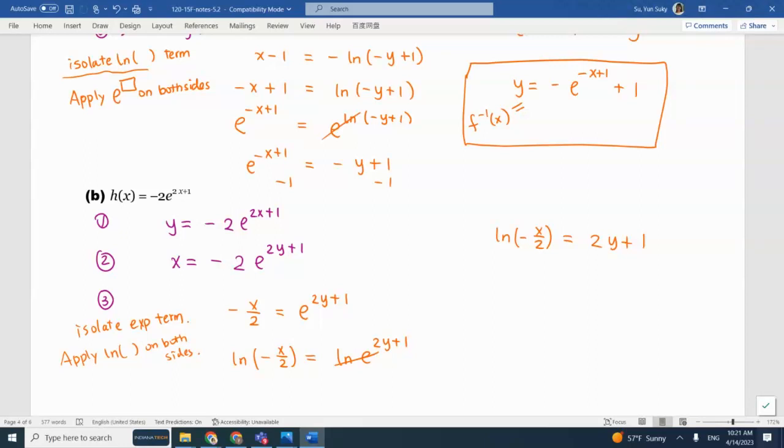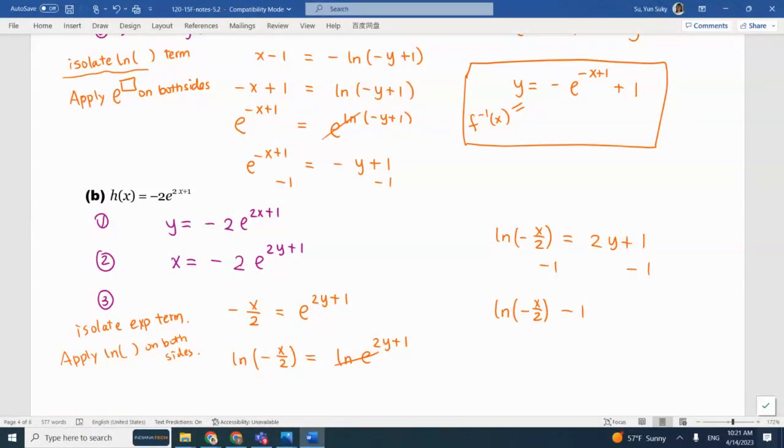How do we solve for y? Yeah, subtract 1 from both sides. So make sure you include the parentheses. The parentheses means this thing is inside the ln. And then you subtract 1, and the subtract 1 is outside of the ln. Is that okay, everybody?